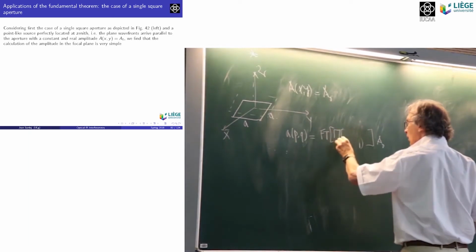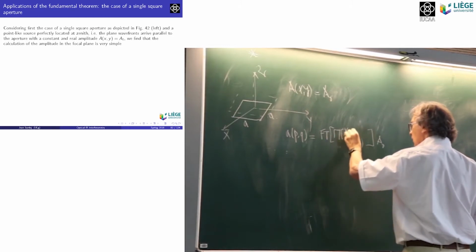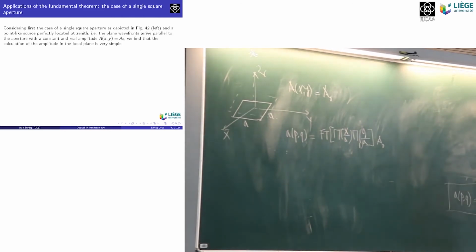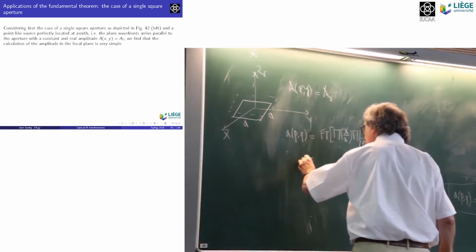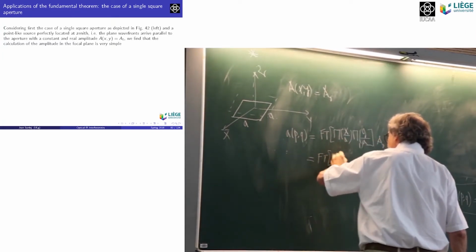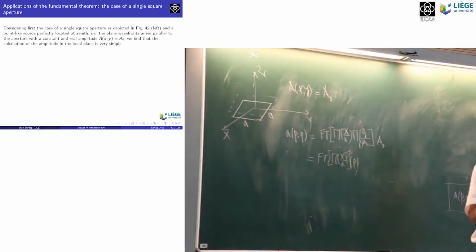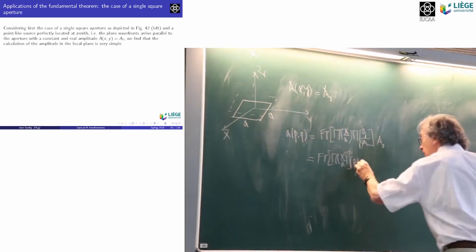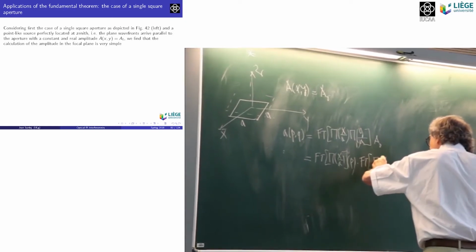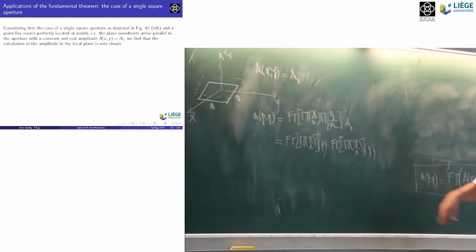Well, the square aperture is the rect function of x over a multiplied by the rect function of y over a. Now we have seen already before that this can be shown to be equal to the Fourier transform of the rect function of x over a, which depends on variable p, because I have separation of variables, multiplied by the Fourier transform of the rect function of y over a, which now depends on the variable q.